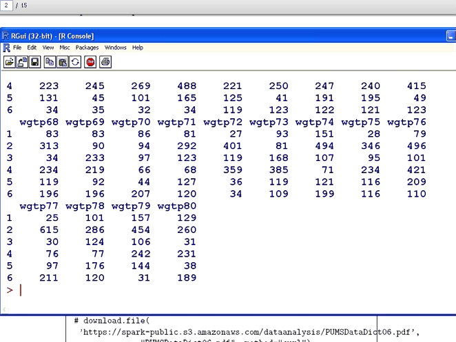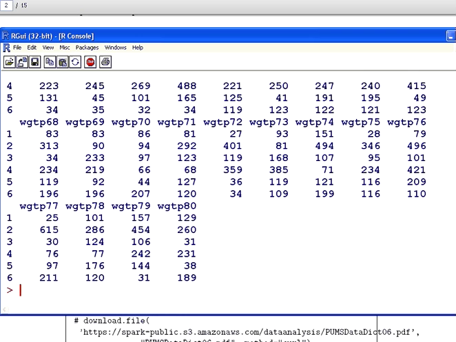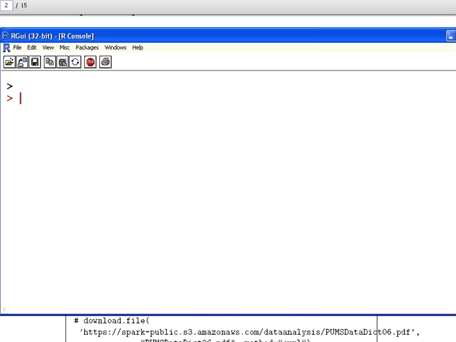I'm going to skip past how to read in the data. Just as a quick remark, in case you were wondering, two important commands for that would be getwd, just to make sure that you have it in the right working directory, and also read.csv. Those are two important commands for uploading data.